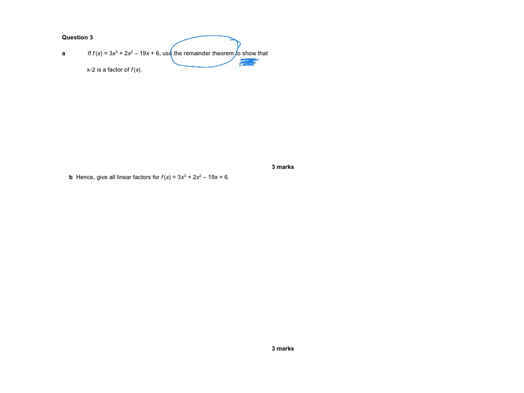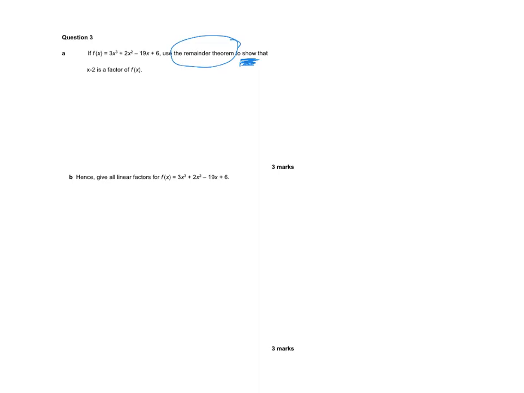So you needed to have some sort of statement at the beginning to tell people what you were going to show. So we know that if we substitute an x value into a polynomial and the answer is 0, that therefore that x value becomes your factor.